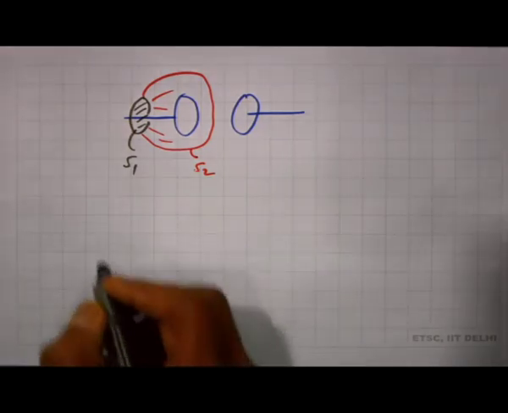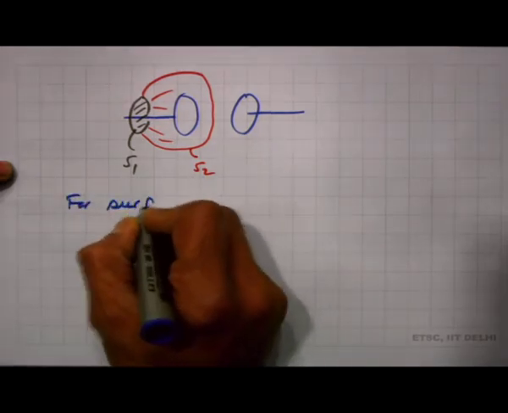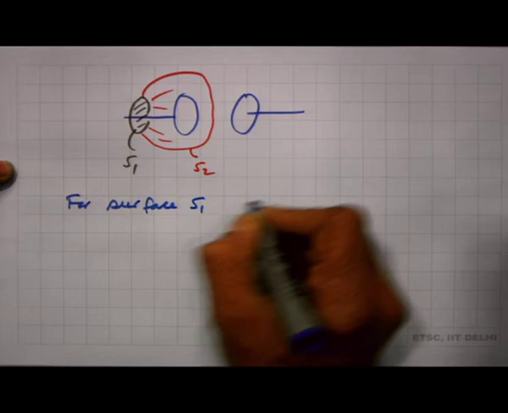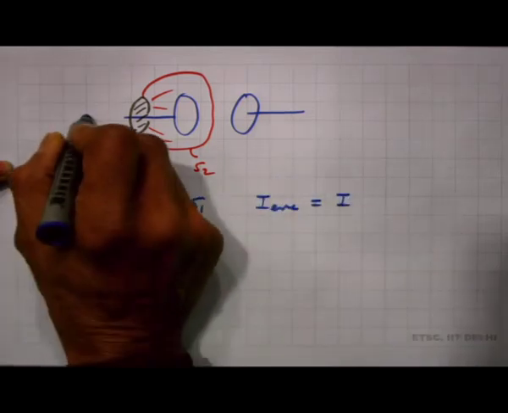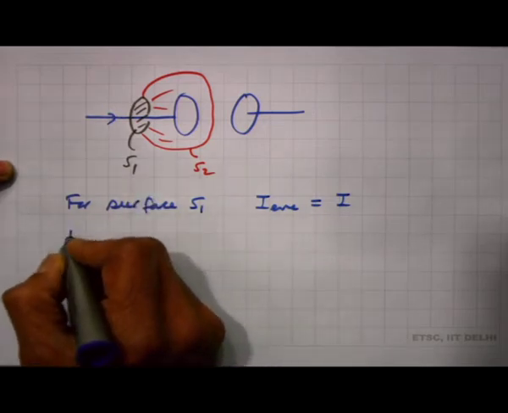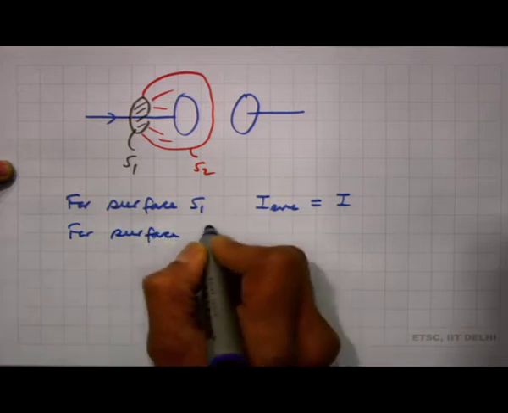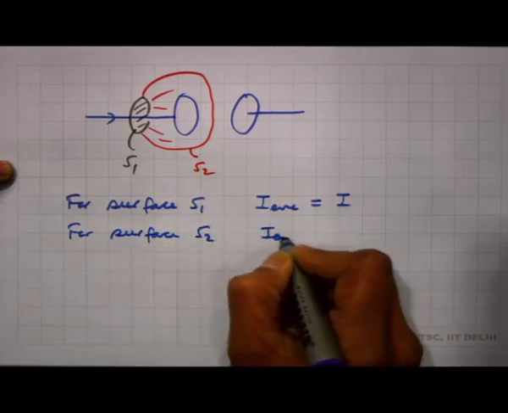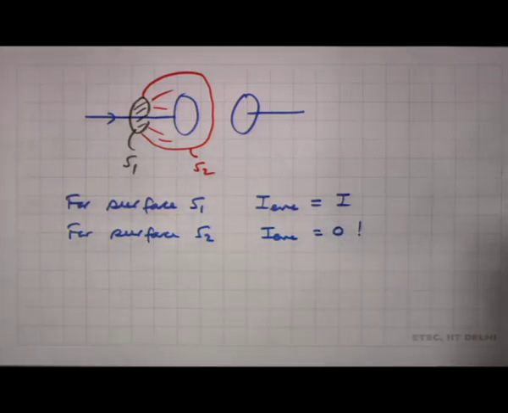Now, for surface S1, current enclosed is equal to I, because that is the current which is crossing the surface, and for S2 the current enclosed seems to be 0. So, that is the problem here.